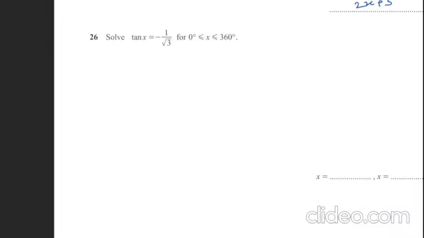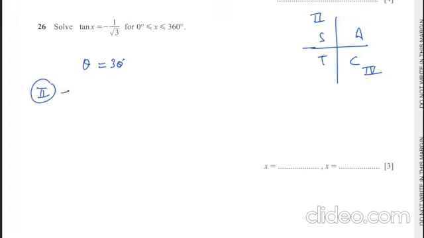Next, now solving tangent of theta equals minus 1 by root 3. In all school to college rules, tangent is negative in the second and fourth quadrant. When tangent is plus 1 by root 3, theta will be 30 degrees, but we have to find it in the second quadrant.